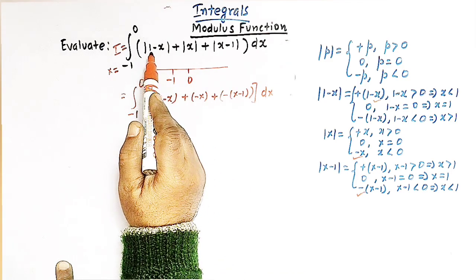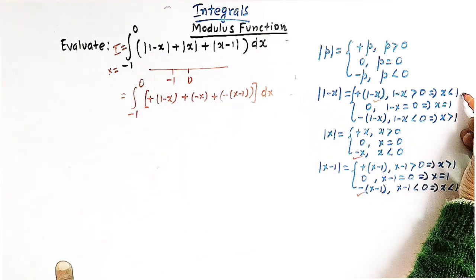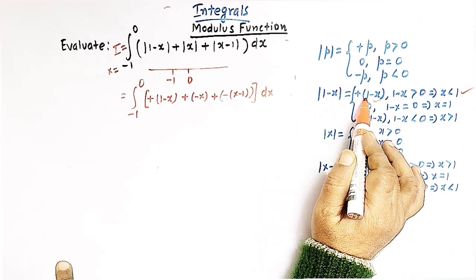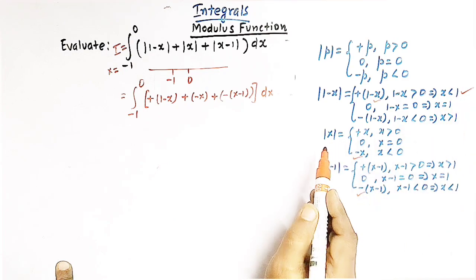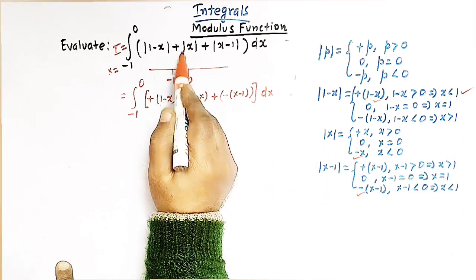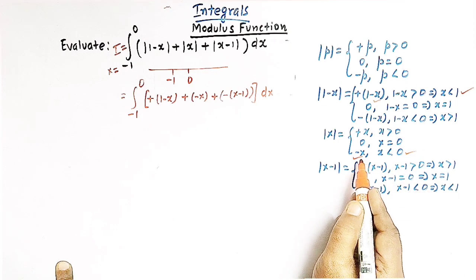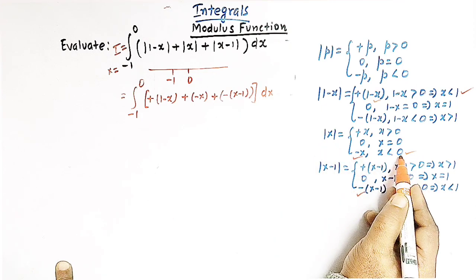So in the first case, that is mod of 1 minus x, we will make use of this part of the definition. Mod of 1 minus x is positive 1 minus x when x is less than 1. And in the second case, mod of x, we will make use of this part of the definition. Mod of x is equal to negative x when x is less than 0.